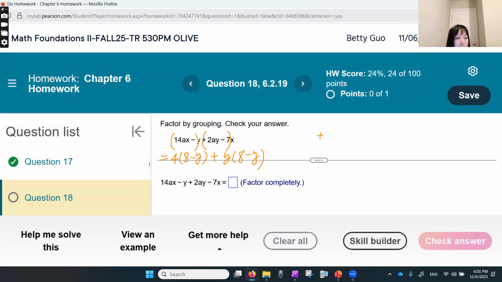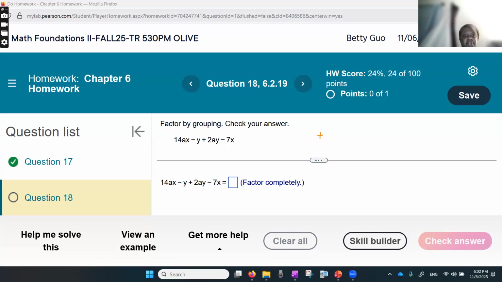All right, erase. Okay, number 18, 4 terms. This time we're going to do the first and third.